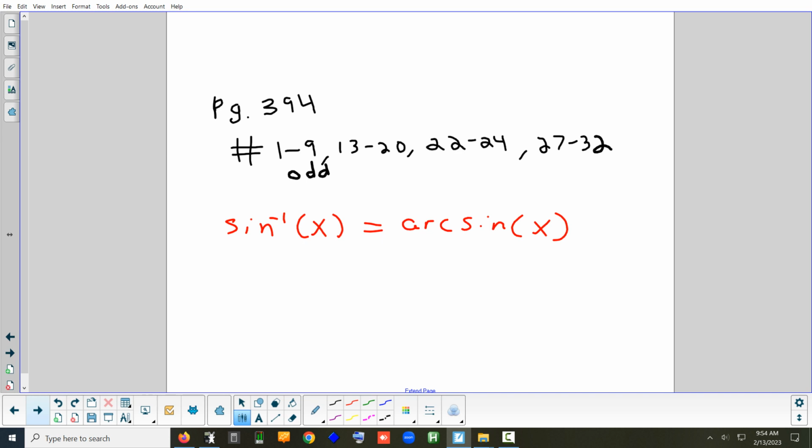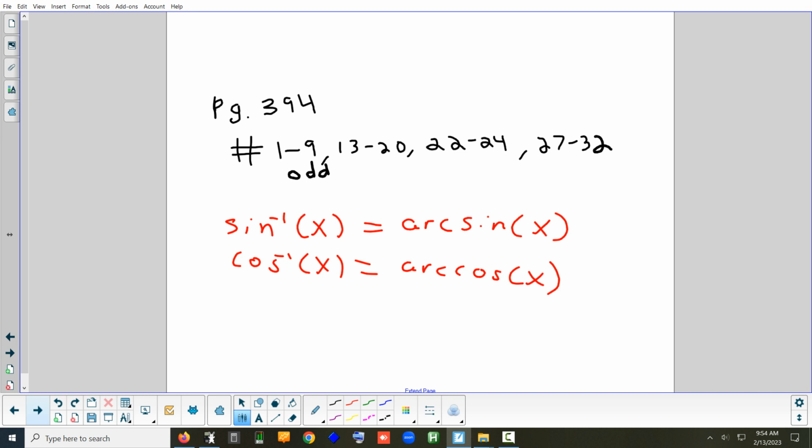I use what's on the left because that's more modern. That's what your calculator uses. But not as many books use that. But if you see it, it means the same thing. Same for inverse cosine. Same for inverse tangent. It's just an older way of writing. But let's stick with the more modern way.